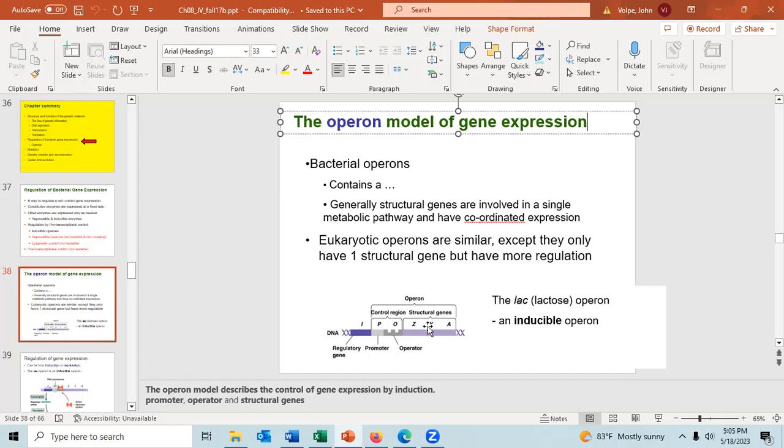And then the A gene is another gene involved in the metabolism of the sugar lactose. And the A gene, you don't need to know this, but the A gene actually helps convert beta galactose into the sugar glucose. Any question about any of that? I probably should make you know that, but I'm not going to.